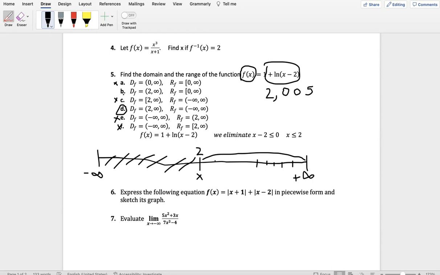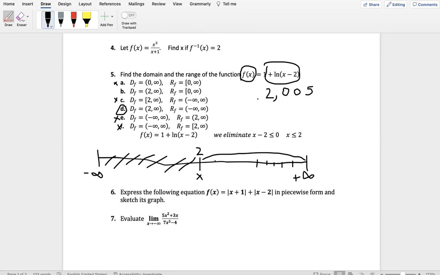Let's say we don't know if the answer is B or D, right? So let's consider B first. B is telling us that the domain is that, which we've agreed is the domain. But now it's telling us that the range is any value from 0 included to positive infinity, right?